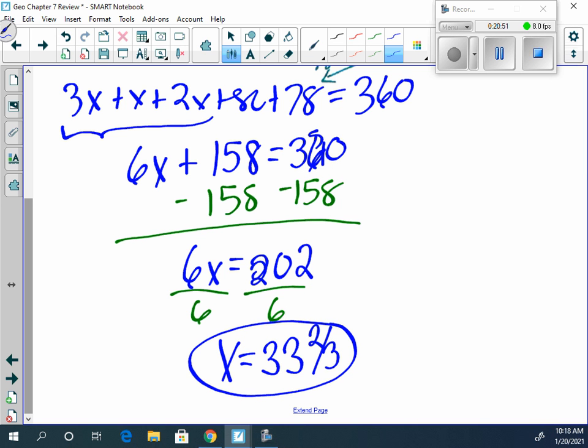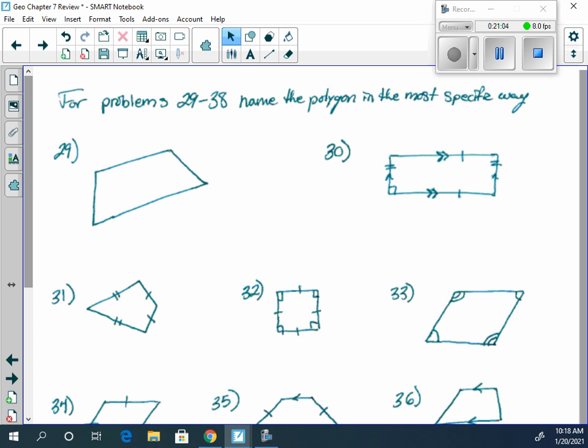Yep, 33.6 repeating. Any other questions on these here? Are we good with these here? Yes? Okay. Name the polygon in the most specific way.